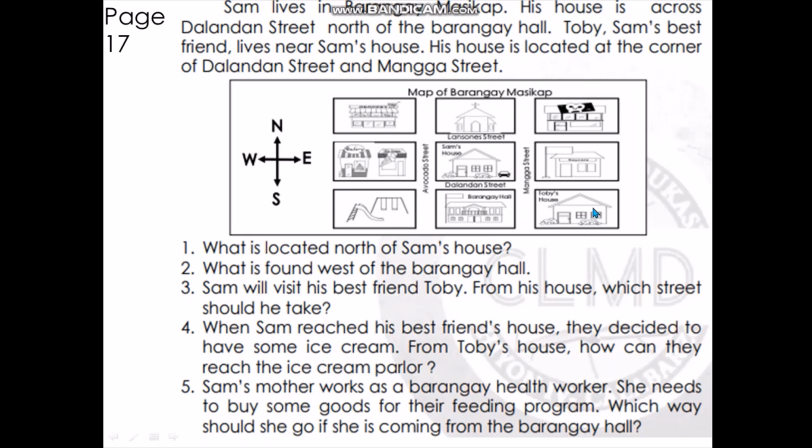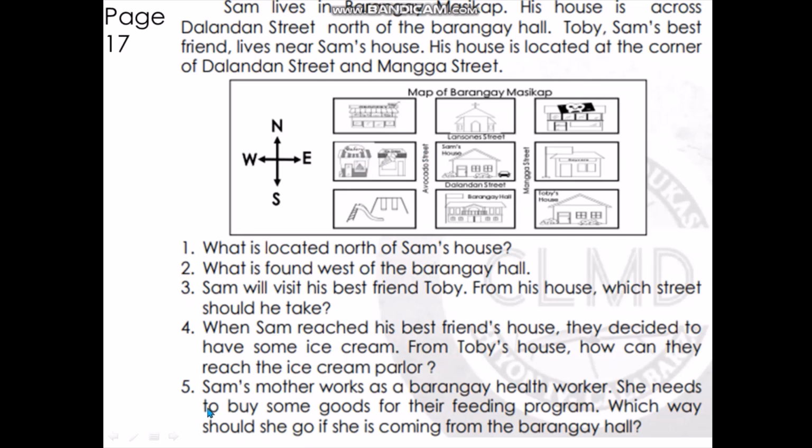From Toby's house, how can they reach the ice cream parlor? The ice cream parlor is right here. So this is Toby's house. How can Sam and Toby get to this place, to the ice cream parlor? Just tell them the direction.